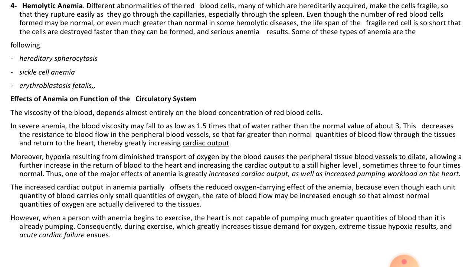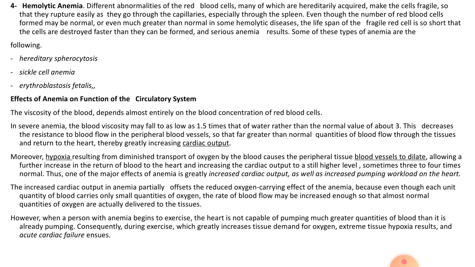And as the blood viscosity decreases, the blood flow will be increased in the blood vessels, because there is a decrease in the resistance, so an increase in the blood flow, and this will cause an increase in the venous return and then an increase in the cardiac output.